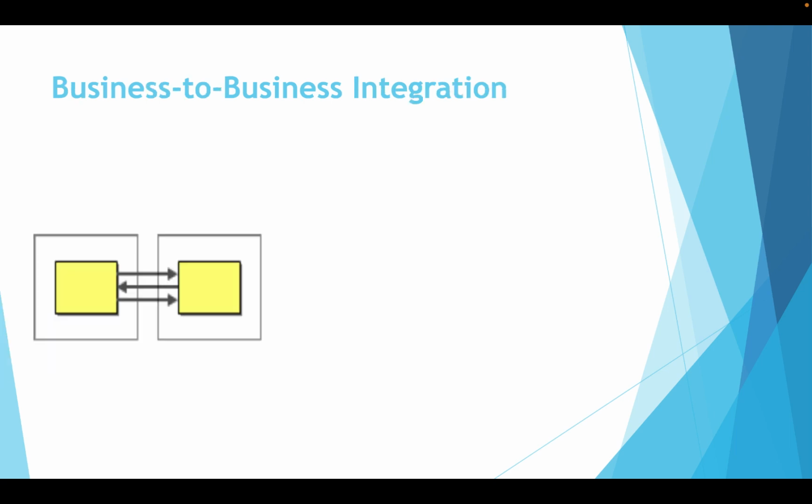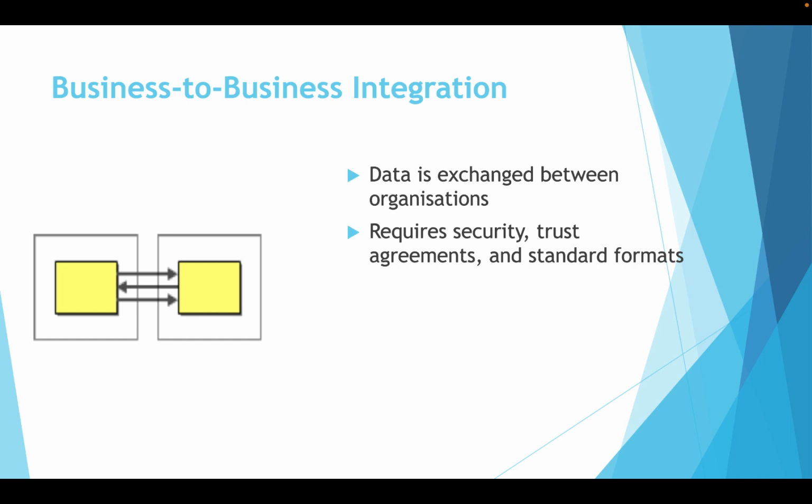The next one is business to business integration. In that scenario, data is exchanged between organizations, so there are two parties, both external, not internal, and they need to exchange data. So it means we need security, trust, agreement, and a standard format to communicate with each other. And the final one is that we need to document and standardize a schema that both systems, or multiple parties, can understand.